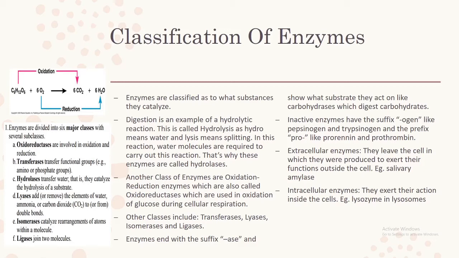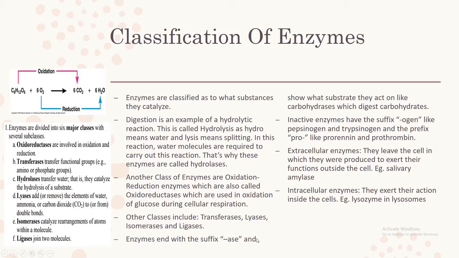Isomerases catalyze rearrangements of atoms within a molecule, which means, for example, if there is atom A attached to atom B attached to atom C, it will rearrange it to atom C attached to atom A attached to atom B, like mixing it up. Obviously that will change the type. Ligases join two molecules. Basically, synthesis is a type of ligase because it joins two molecules.